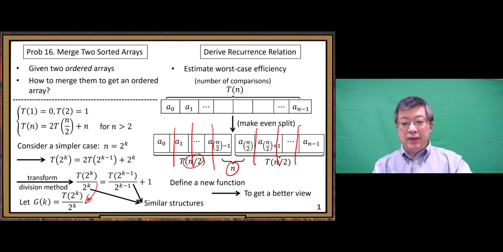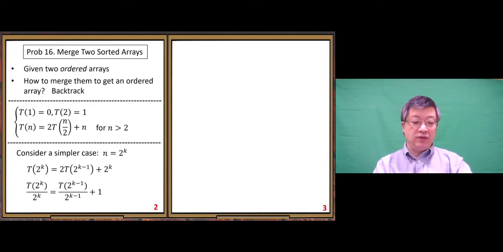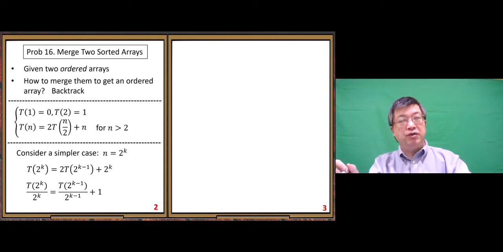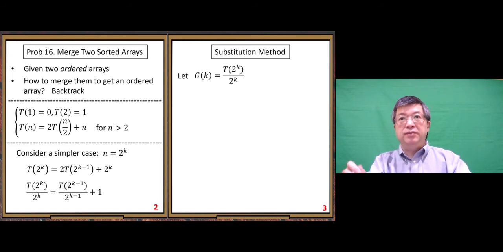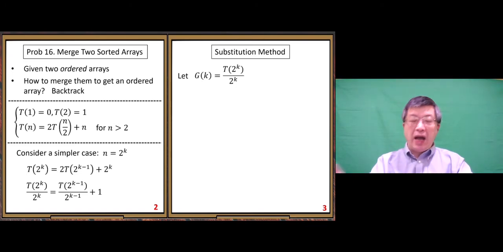With that, you can see we simplify the original recursive equation. That's what we have so far. Next, we will use the substitution method to get a solution. So how to do that?